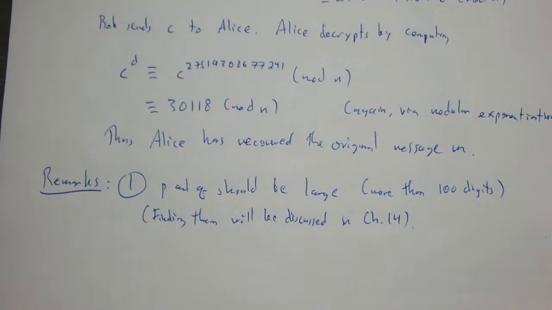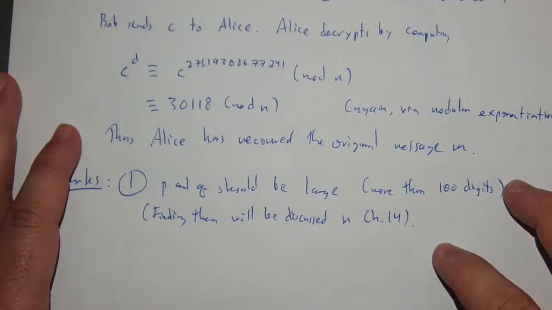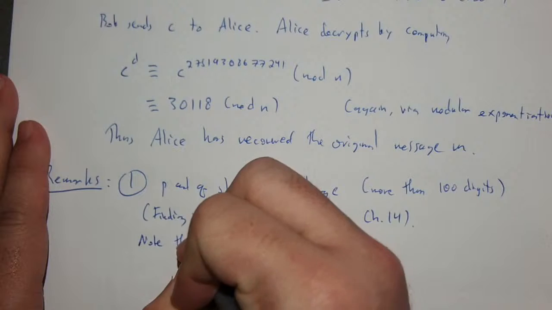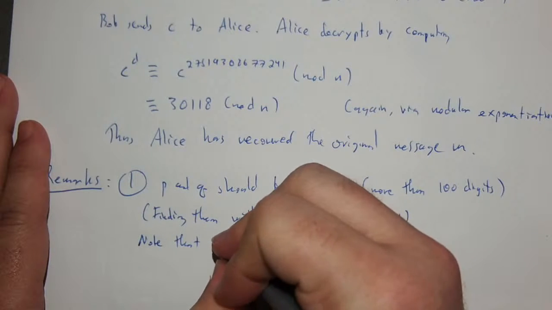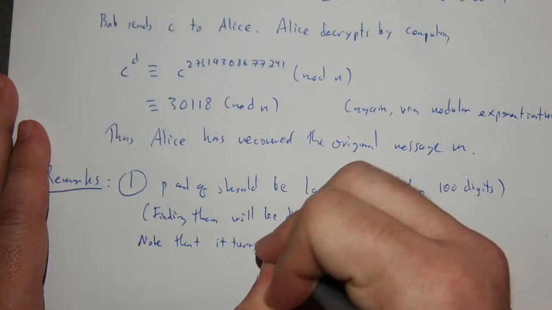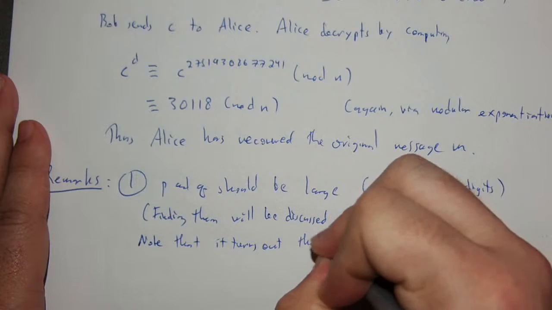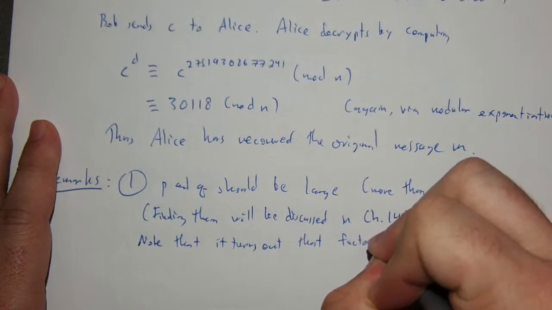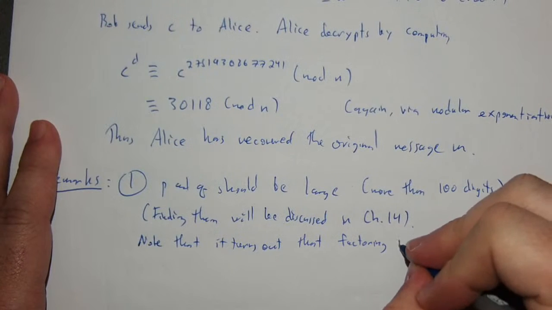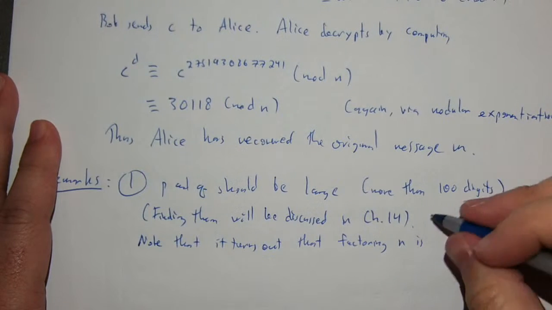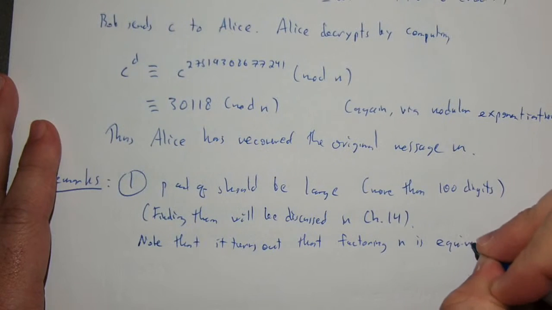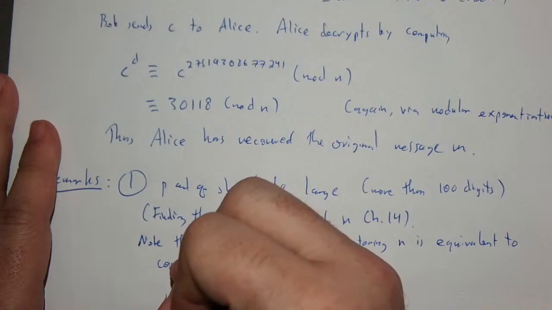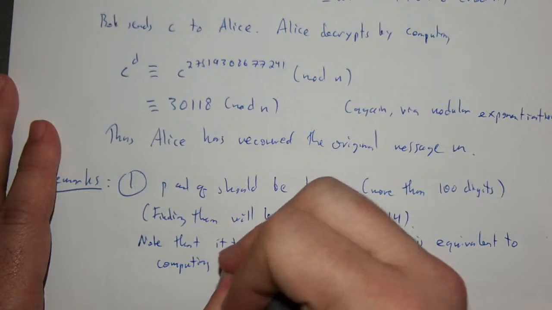Note that it turns out that factoring n is equivalent to computing phi of n.